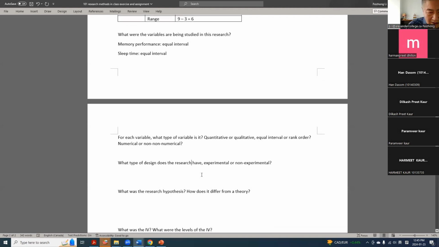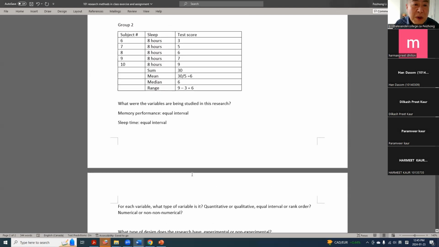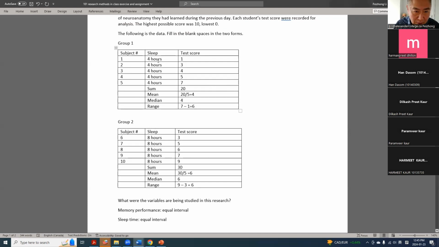And then what type of design do you have? This is experimental design. Why? I will explain why next time, but this is experimental because you have 2 treatment conditions. 1 treatment condition is 4 hours sleep. The other one is 8 hours sleep.